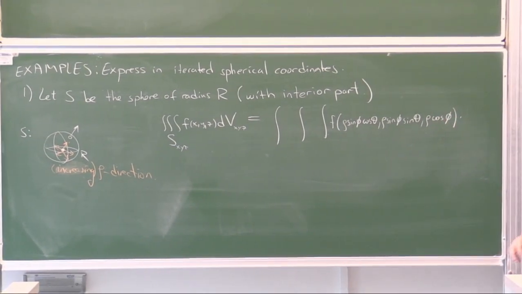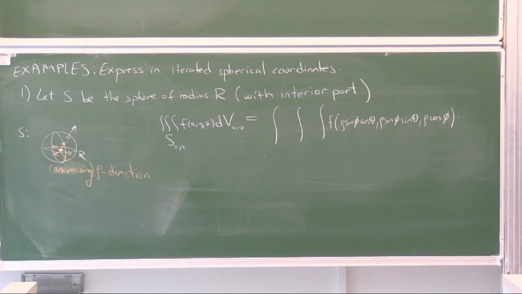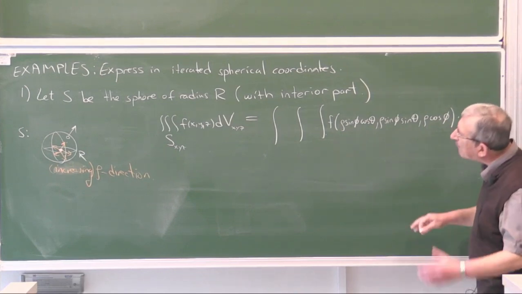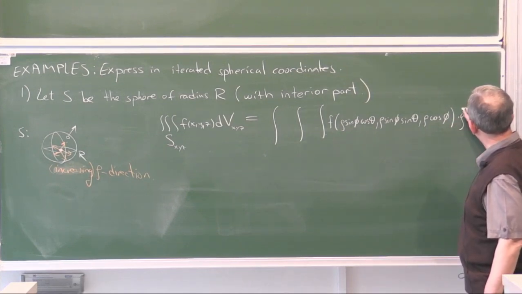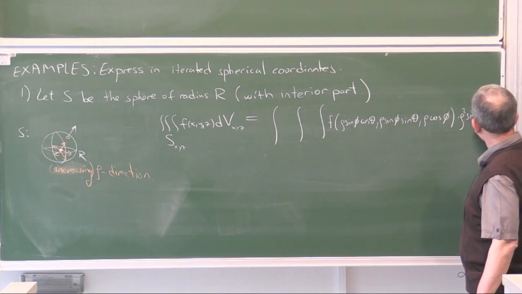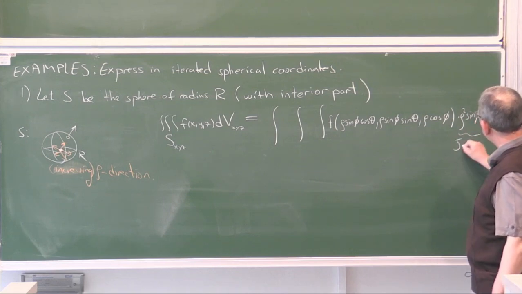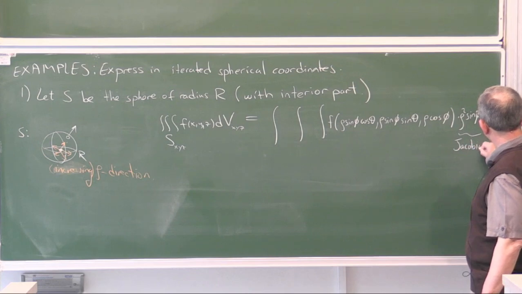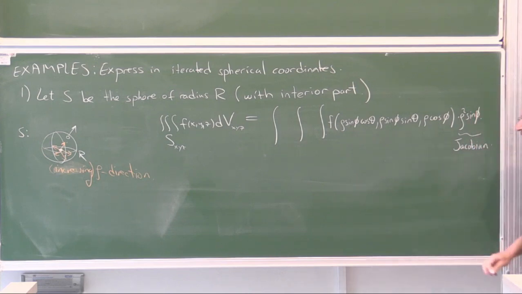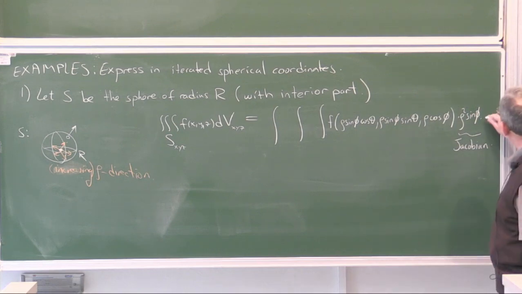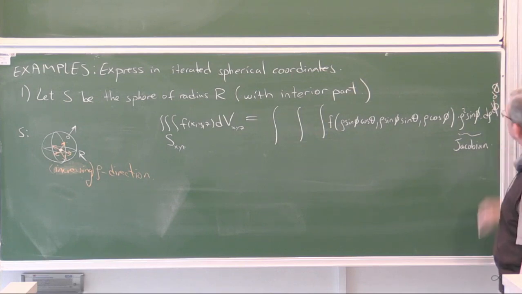This is just replacing the variables. Now, as an extra factor, because we use sphericals, we have the Jacobian. Okay, as we remarked, it's already positive, so we don't have to put absolute value. And then we will use rho, and then phi, and then theta.